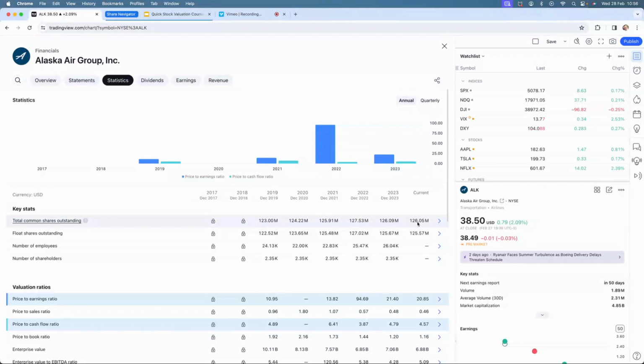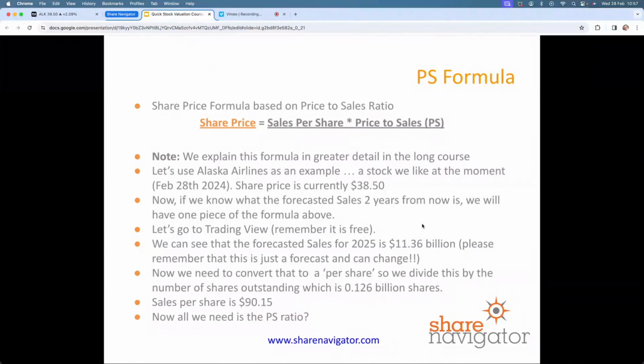We want to convert that to billions, so 126 million is 0.126 billion. So we'll go back to our presentation. We know that the estimated sales is 11.36 billion, and there are 0.126 billion shares outstanding. So 11.36 divided by 0.126 gives us a sales per share of $90.15.